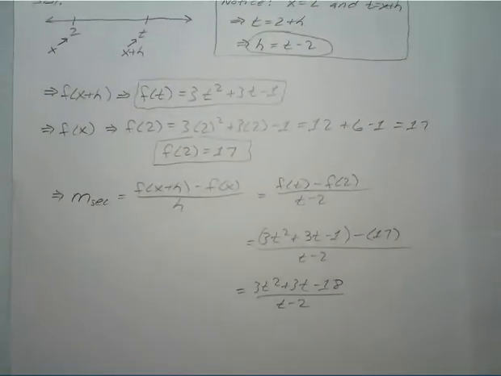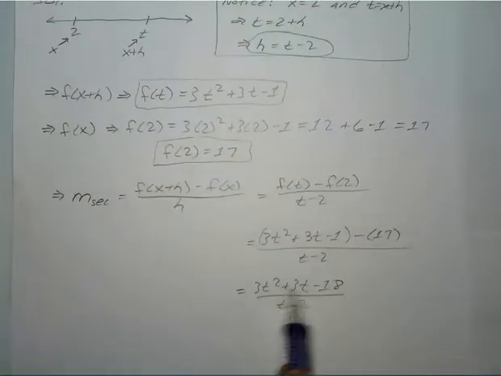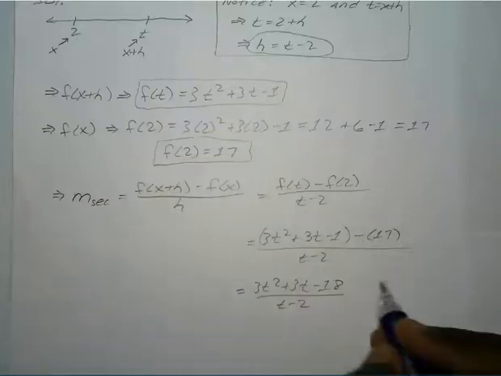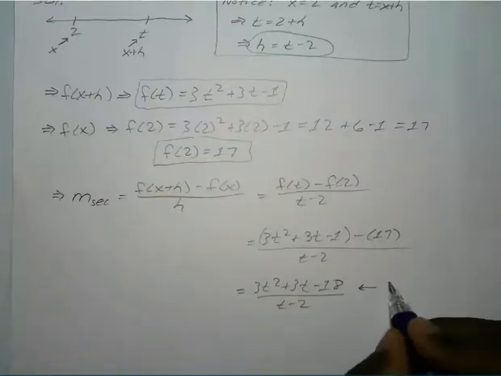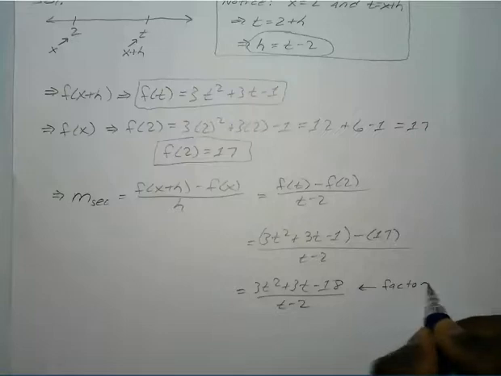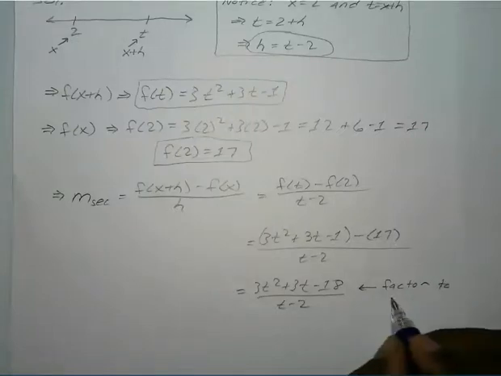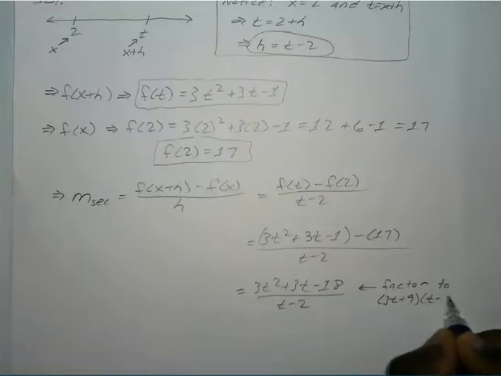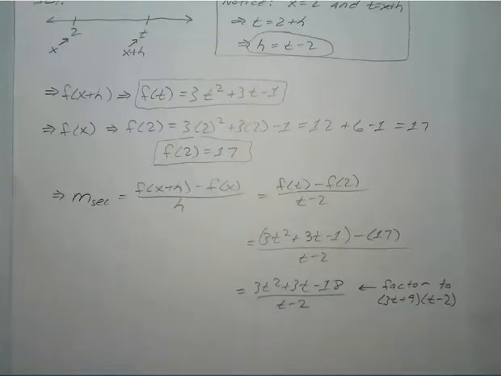Alright, so now this numerator can actually be factored using the a times c method. So we factor our numerator as 3t plus 9 times t minus 2.